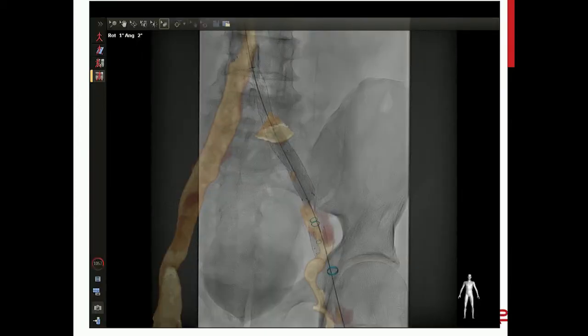And this is a result after recanalization with the stent inside. Of course, you have a superimposition of the fluoroscopic image with recanalized vein, with patent vein, superimposed with the CT image with occluded vein.